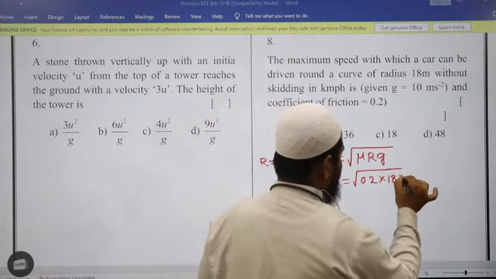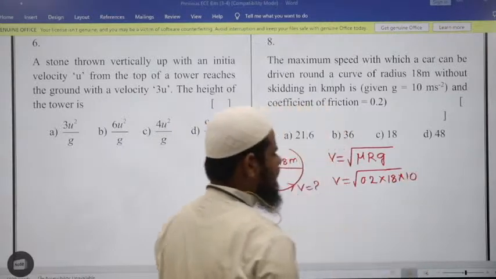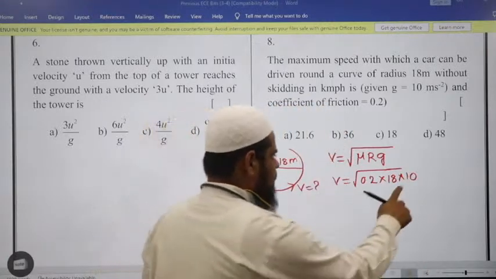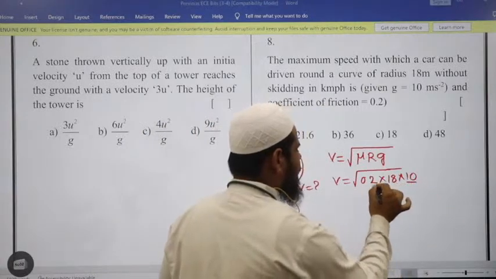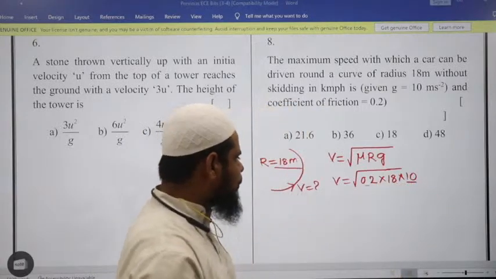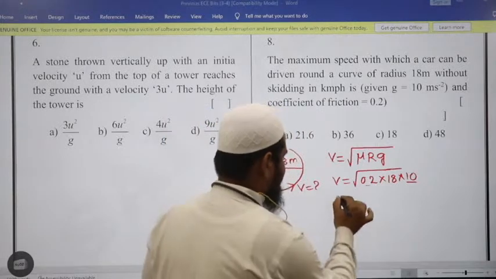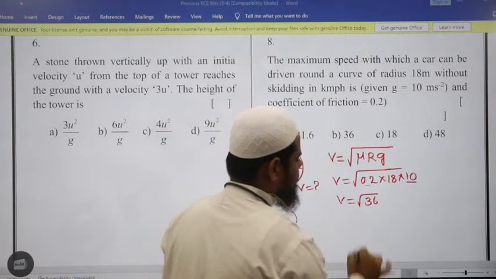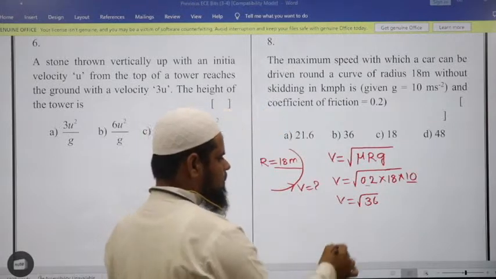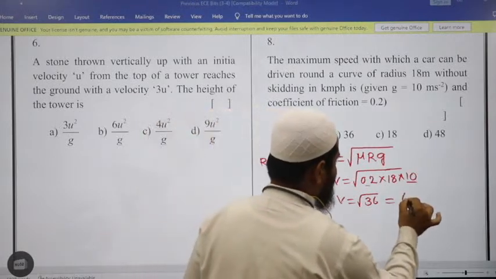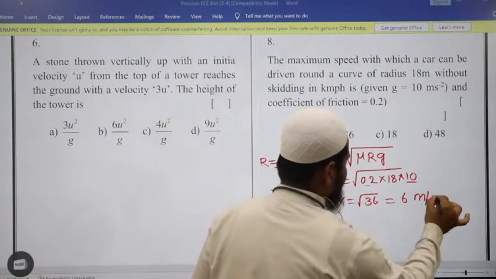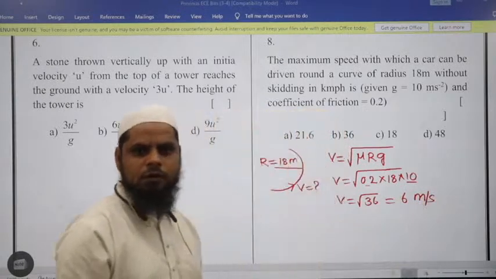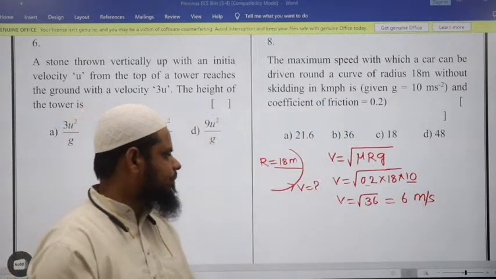And g is given as 10. So 10 into 0.2 is 2. 2 into 18, 36. V is equal to root over 36. So root 36 is nothing but 6 meters per second. 6 meters per second. Fine.